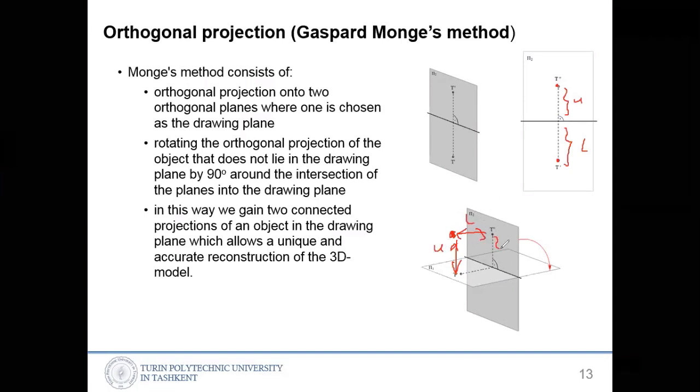Okay, so that's the upper distance, and that is the lower distance. So they open the plane down, and then this is like this side. Okay, they open this, and then they generate the points T dash and T double dash.